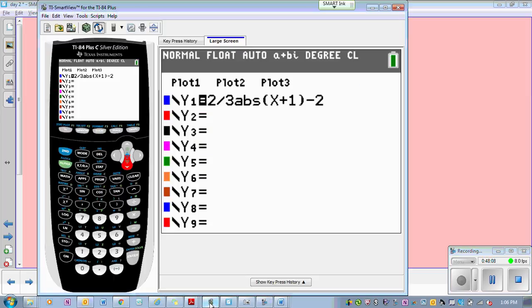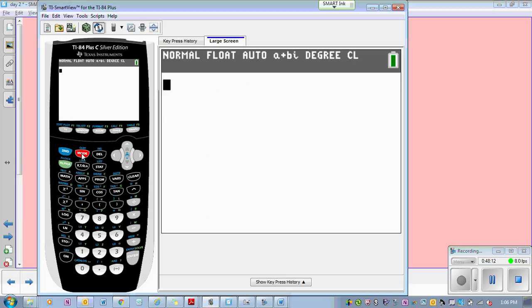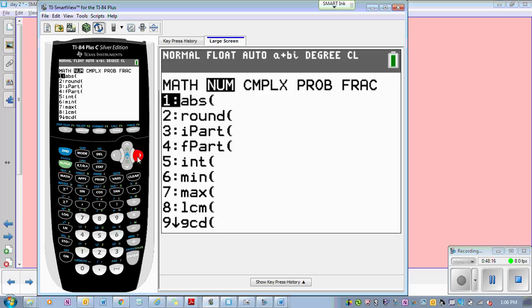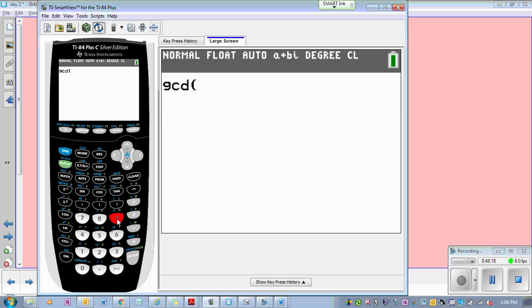Well then, I could go into my calculator. What if there's no cube? I can go to math, number, GCD. 24, comma, 375. This is how I can check and see if there's a GCF. Oh, they do have a GCF. 3.